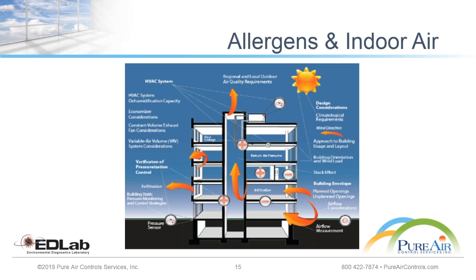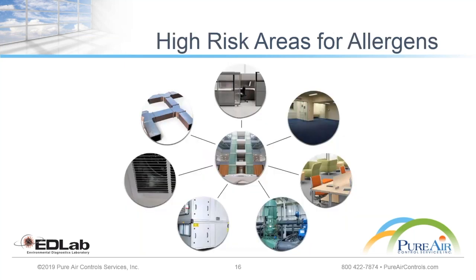So when we talk about the building, we'll zoom in a little bit and look at some high-risk areas where we can find these allergens. Yeah, the very high-risk area I really want to focus on is the HVAC. The HVAC is nothing but the heating and ventilation system of a building, in other words the air conditioning system.